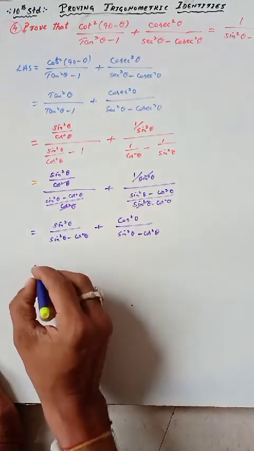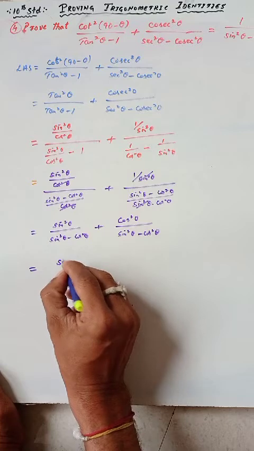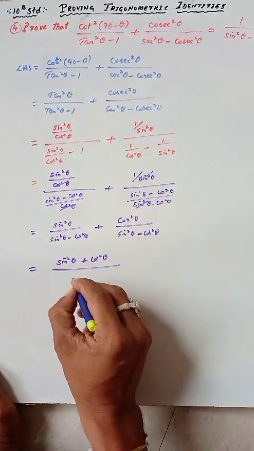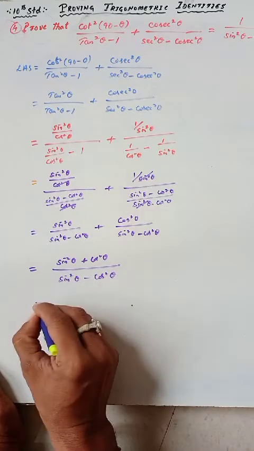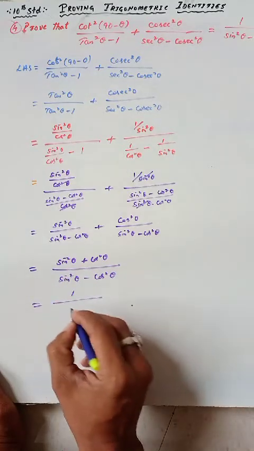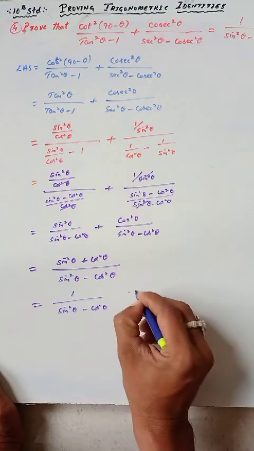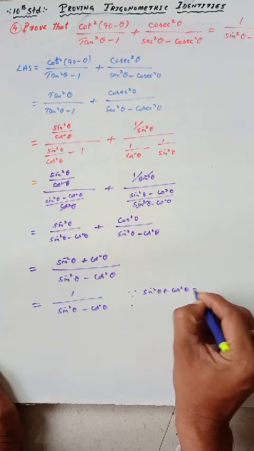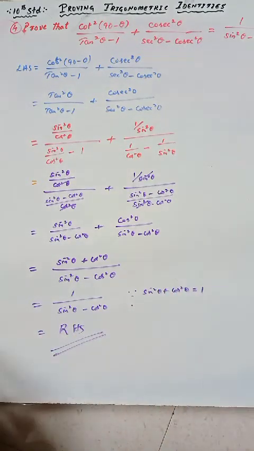Now the LCM is sin squared theta minus cos squared theta, and the remaining thing in the numerator is sin squared theta plus cos squared theta. As we know, sin squared theta plus cos squared theta is 1, so it is 1 divided by sin squared theta minus cos squared theta, which itself is the RHS. In this way we can prove it.